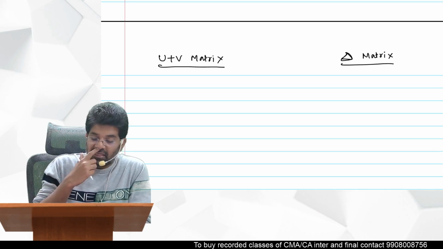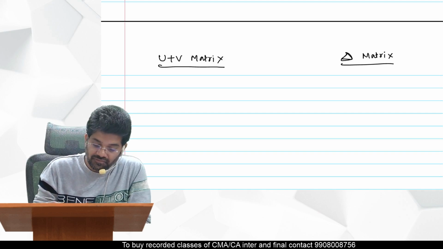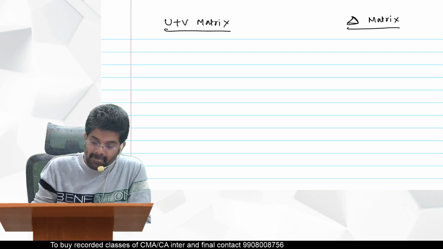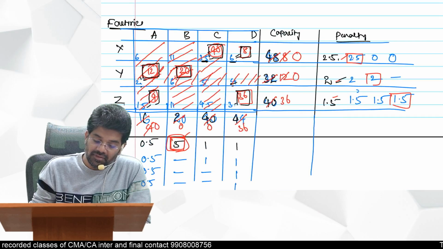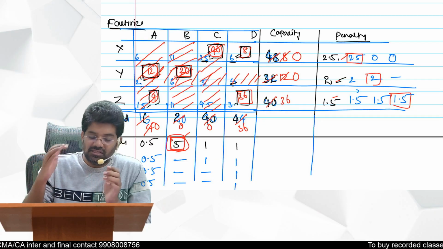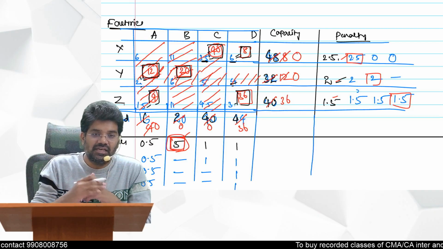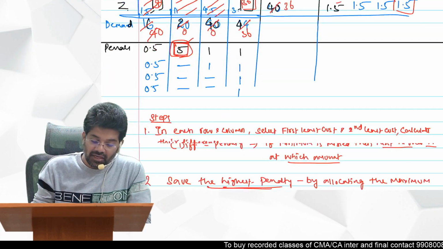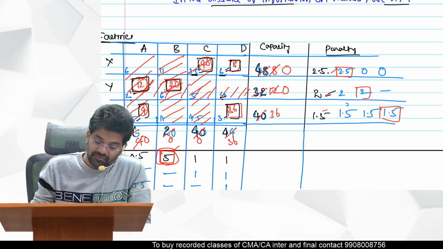Now whatever allocations we have done here using VAM, whichever cells got allocations, only those cells' cost you write inside those boxes. Remaining you can leave empty. So total how many are there? 4, 3, 4.